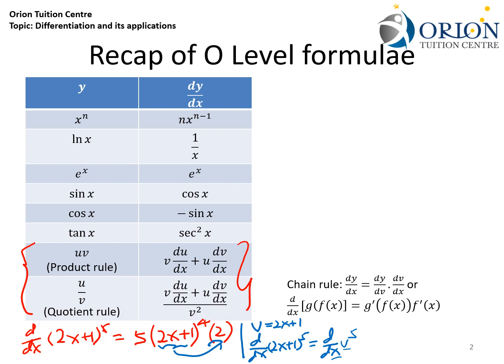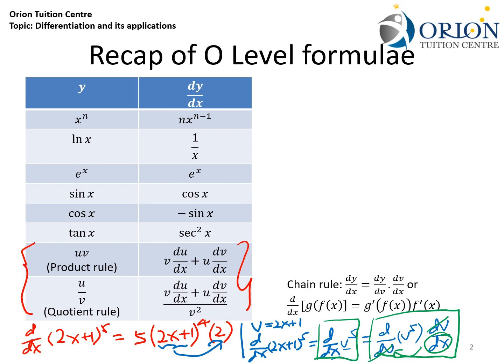Therefore, we can apply the chain rule to say that this is effectively the same as d over dv of v^5 multiplied by dv over dx, such that the dv's can sort of cancel each other out, and dx comes back here, which therefore this term is essentially the same as this term.